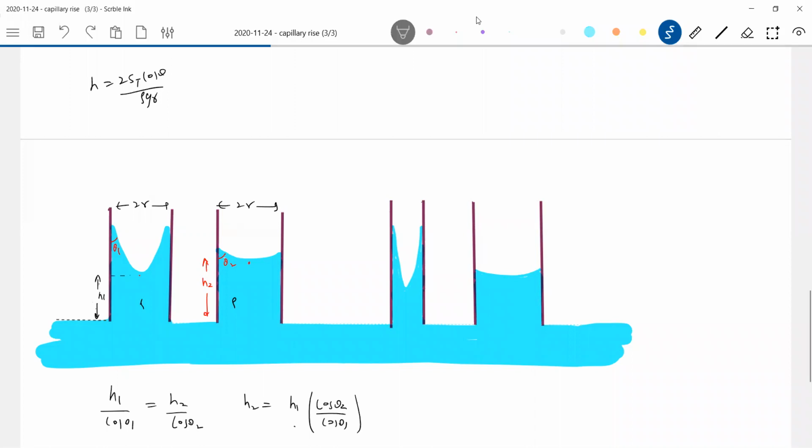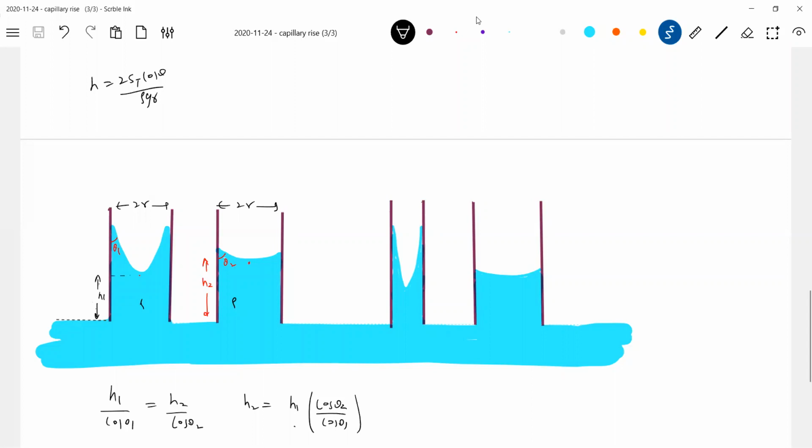The ratio should be constant here. H1 is a certain value initially. So as theta 2 is greater than theta 1, say 60 degrees and 30 degrees, H2 should be less than H1. Shall we go for this? H2 should be less than H1. That's what I think, though the diagram may not appear that way.